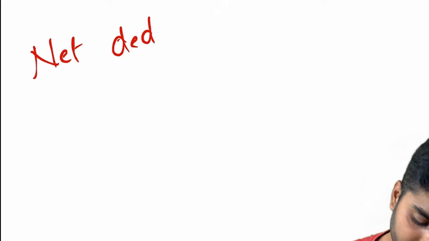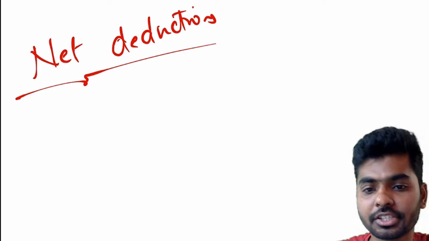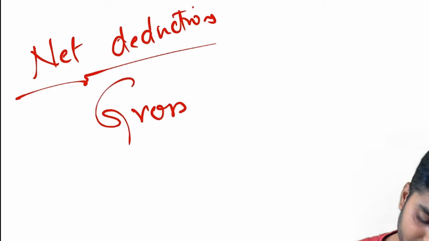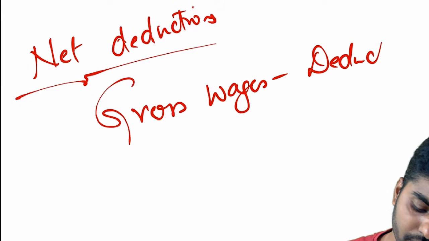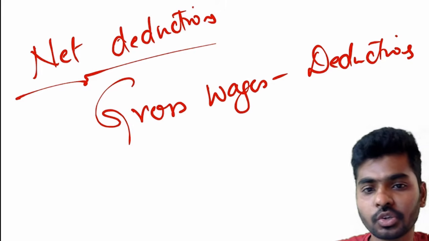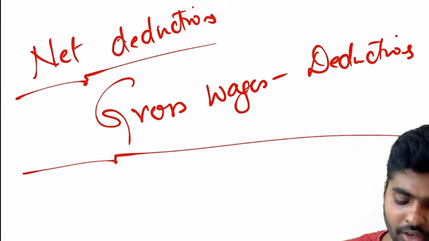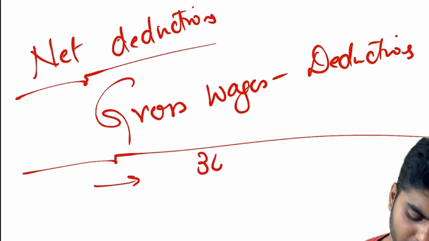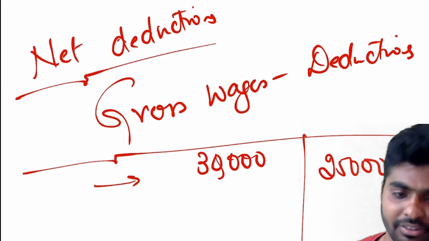When I say net wages, net deductions basically means gross wages minus your deductions. In India, let's say they say your salary will be 30,000, but at the end of the month you will end up getting 25,000.